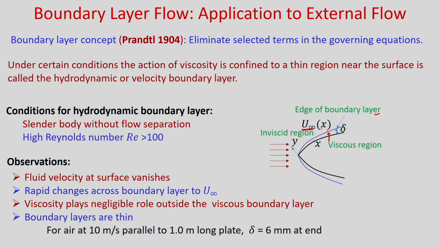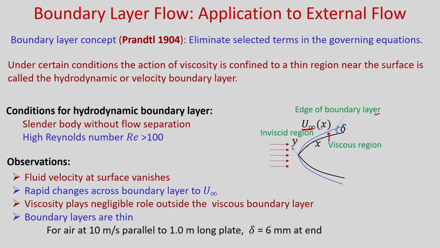If you consider the characteristic length as the length of this surface, then for air at 10 meter per second parallel to a 1 meter long plate, that is, a flat plate with flow of air at a speed of 10 meter per second, at the end of the plate you will get the boundary layer thickness as 6 millimeter.